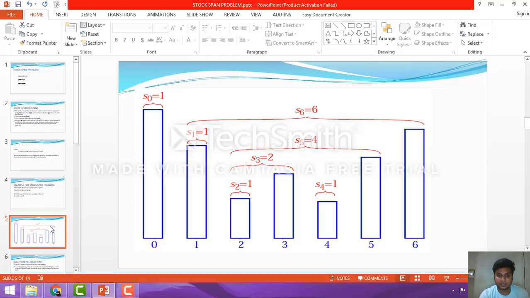So we reject that day 3 value and move to the previous day. We compare with day 2, and the day 2 value is 80. Now the day 4 value is 70. So 80 is greater than 70, so it is accepted. And 3 minus 1, so the S3 value will be equal to 2.